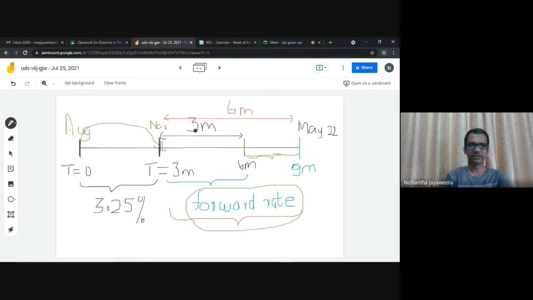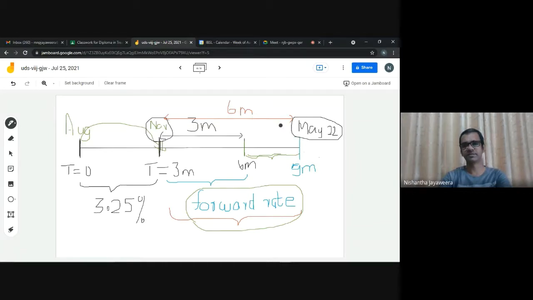You fix the interest rate for a borrowing or a lending starting in November and for a 6 month period. That means starting in November and maturing in next May. 6 month period starting from November, but you are in August. You fix the interest rate for this period. That's all about this product. It can be a lending or it can be a borrowing.